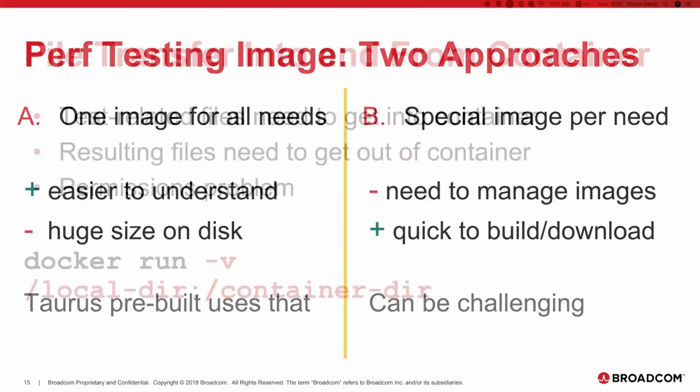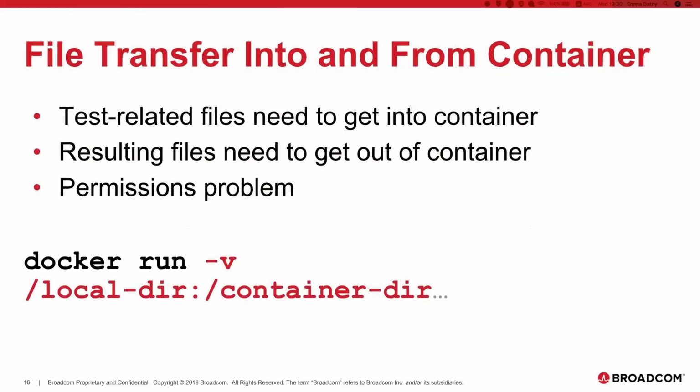One of the specific things you need to be aware of when you are using Docker: the isolation is great, but it means that the container is isolated from its surroundings. So whenever you need to transfer test-related files into the container, for example, a JMX file for JMeter, or when you need to take something out of the container, like the logs of JMeter and the logs of Taurus.